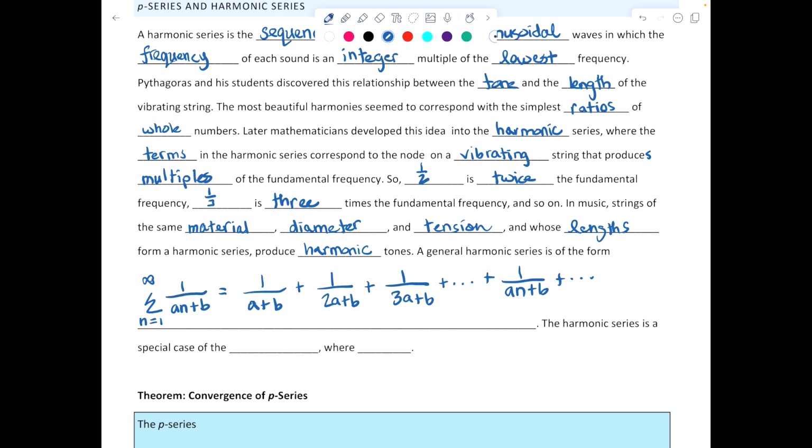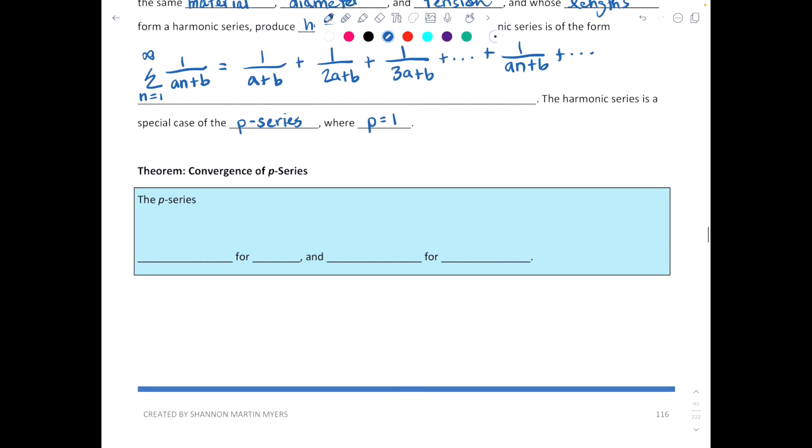The harmonic series is a special case of the p-series where p is equal to 1. So this p-series looks like this: the summation, n goes from 1 to infinity, of 1 over n to the p.